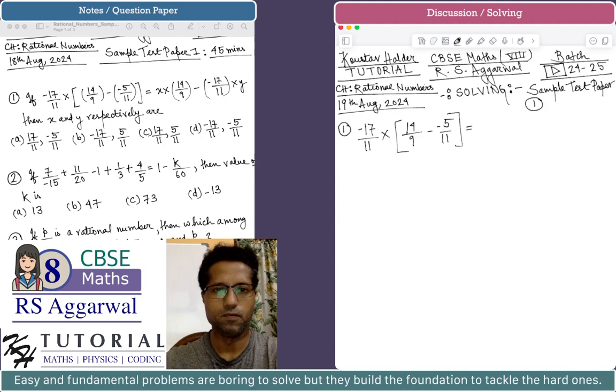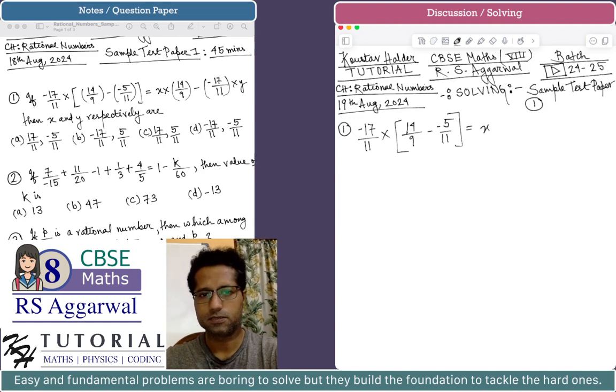This is given to be equal to x multiplied by 14 by 9, minus minus 17 by 11 multiplied by y. The brackets are given, but we can easily open them without any problem.